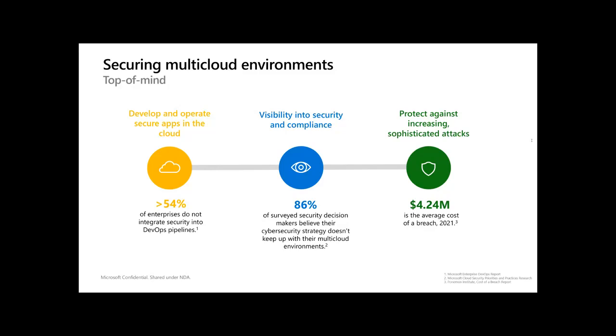What we're also seeing is that the attackers' tactics, techniques, and procedures, or TTPs as they're commonly referred to, continue to evolve. And here we are seeing a lot of trends, but two that are especially concerning are the increase both in the number of attacks as well as the increase in their sophistication. We even have here a number that in 2021 alone, the average cost of breaches was well over $4 million US.